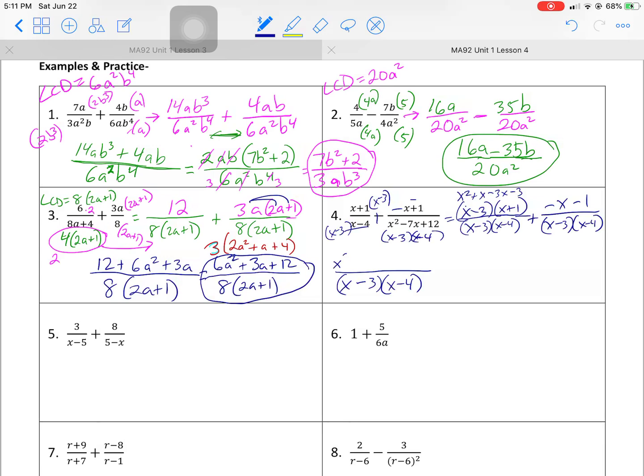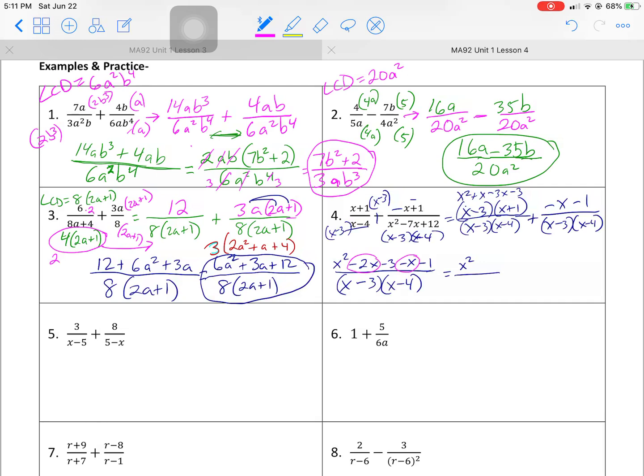So this is going to be x squared, combined like terms, and then minus x minus 1. Wow, this one's complicated. All right, so that's going to be x squared, and then I have this right here and this one right here.